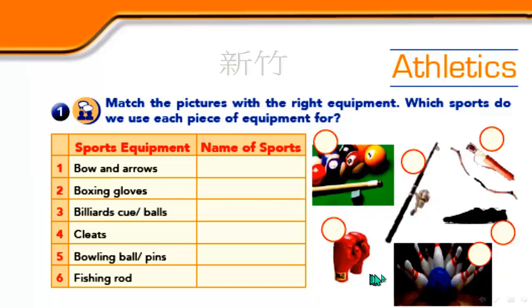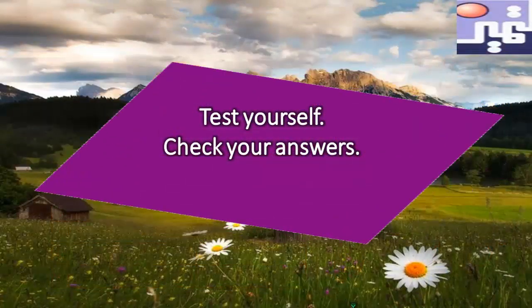Where is the picture? Number 3, billiards cue or balls. Where is it? Number 4, cleats. Number 5, bowling ball or pins. Number 6, fishing rod. Okay, let's check the answers together.